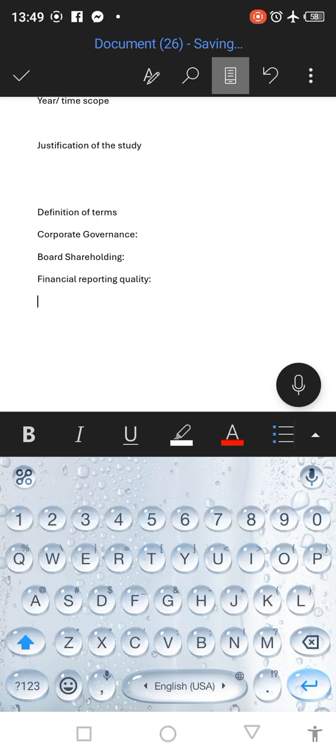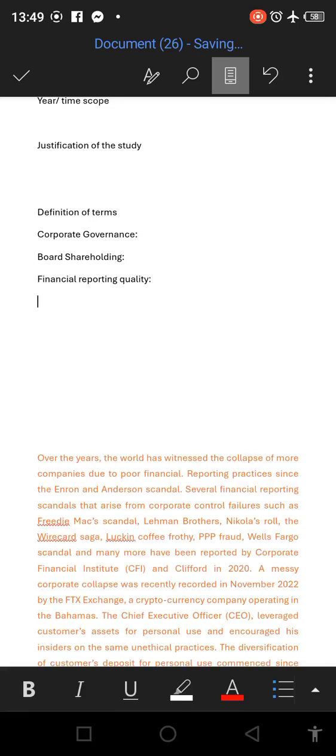Now, we don't need to talk about the measurement here. So these are the things that formulate the definition of terms of your work, which you are going to define according to the way it was used specifically in your work. That is how you are going to define them.